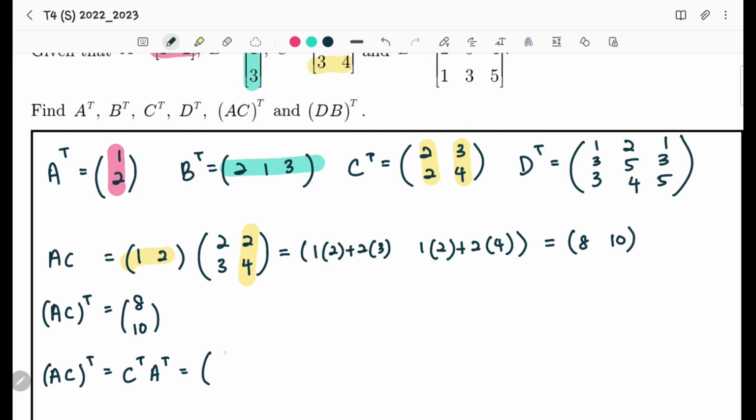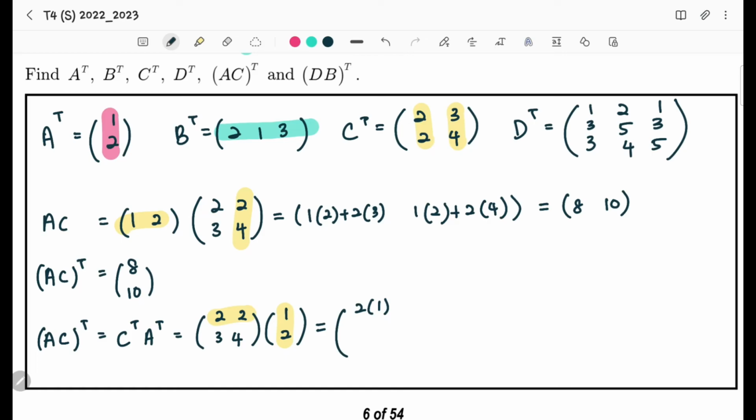So C transpose is 2, 2, 3, 4, then A transpose is 1, 2. So 2 times 1 plus 2 times 2, then second row, first column, 3 times 1 plus 4 times 2.